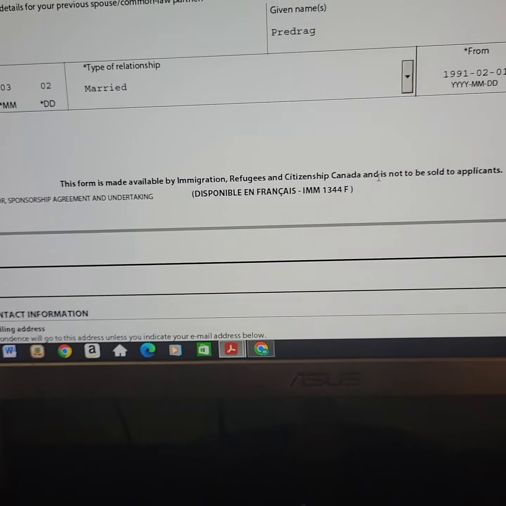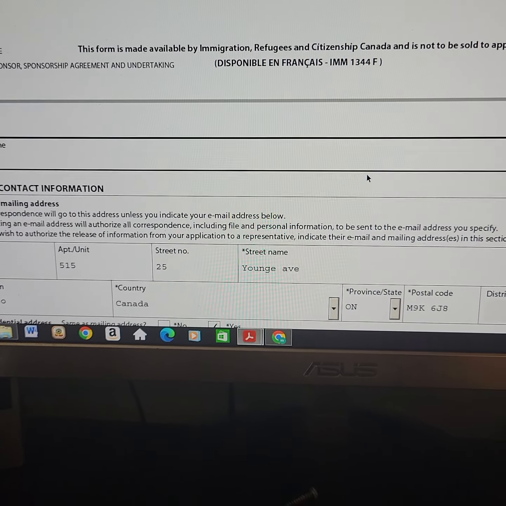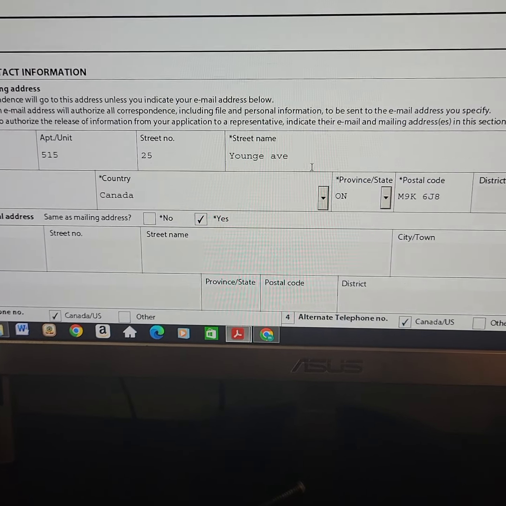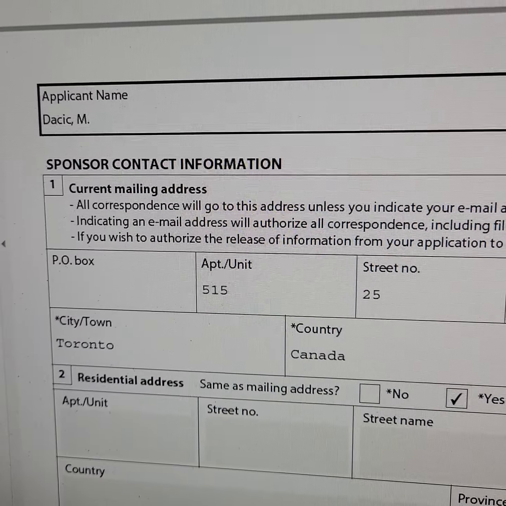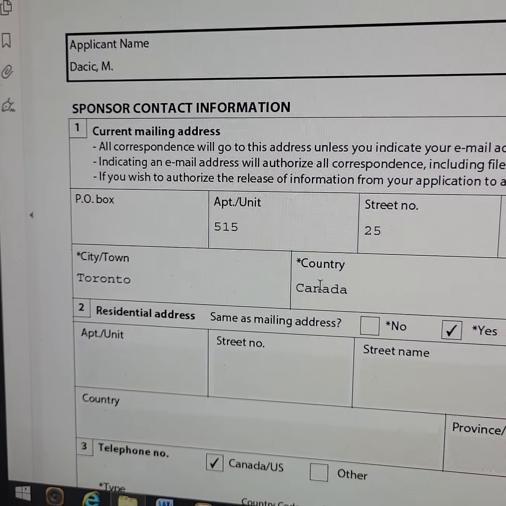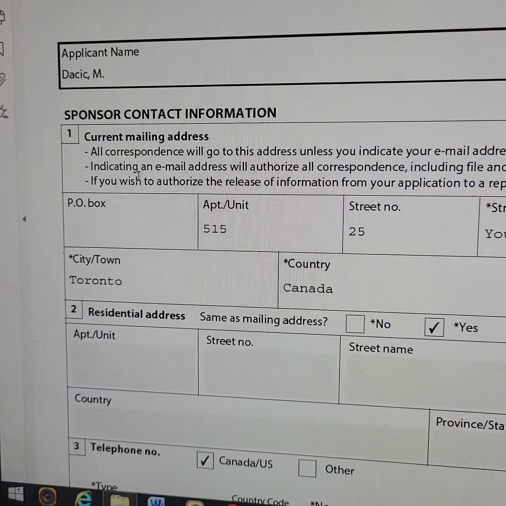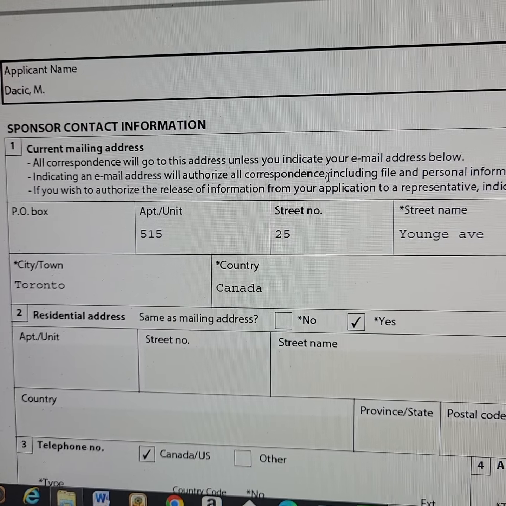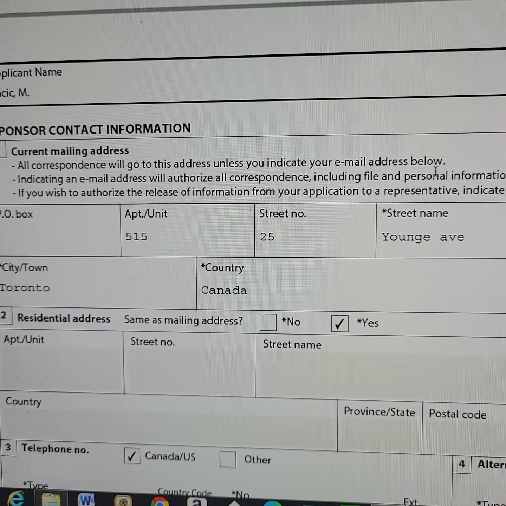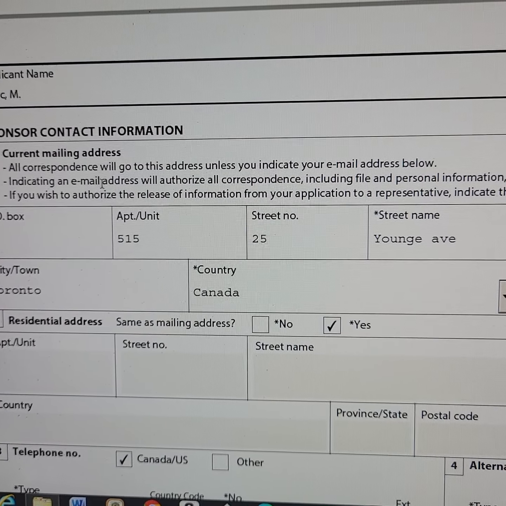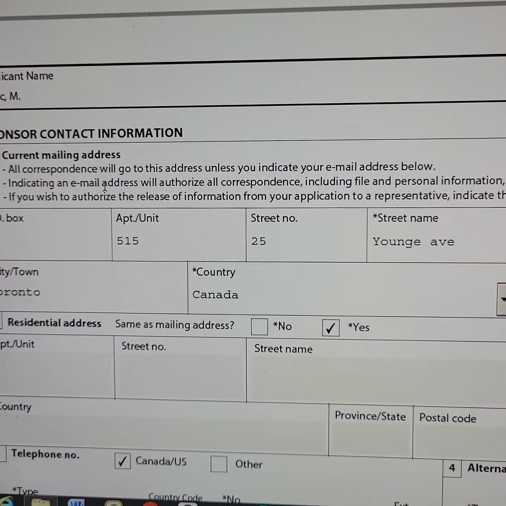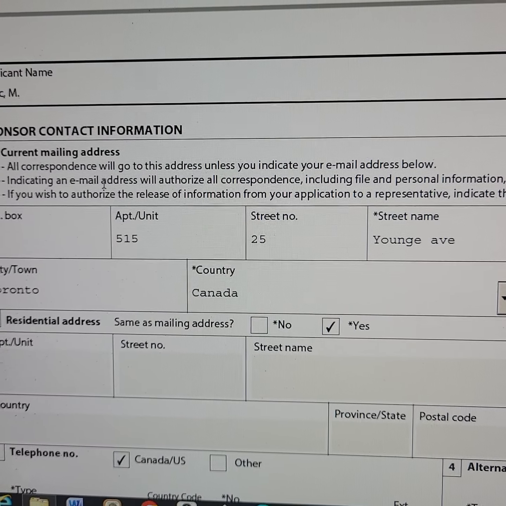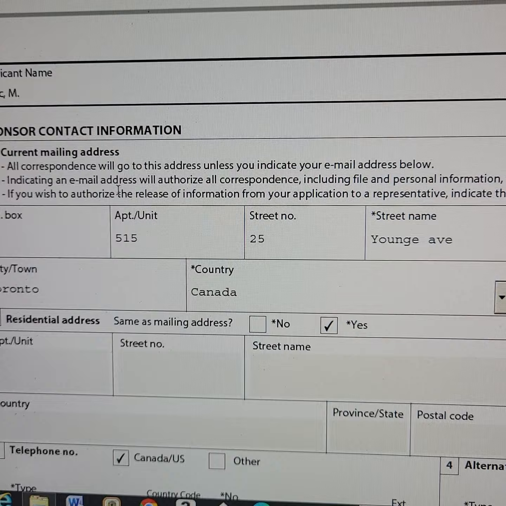Okay, now moving forward, again, sponsor contact information. Now this is very important here. All correspondence will go to this address unless you indicate your email address below. So if you put your email, all the correspondence to this application will be going to that email.